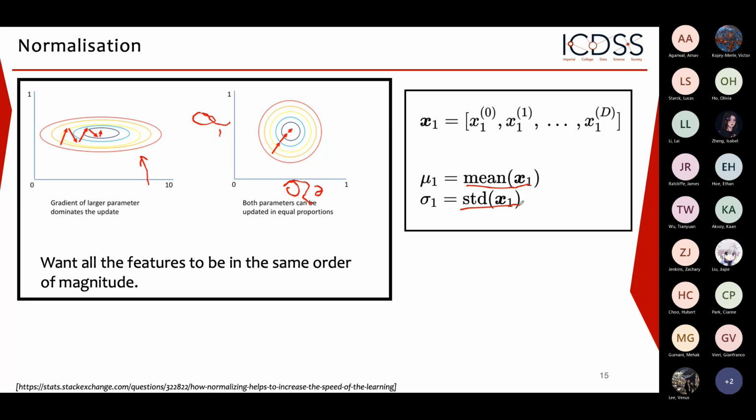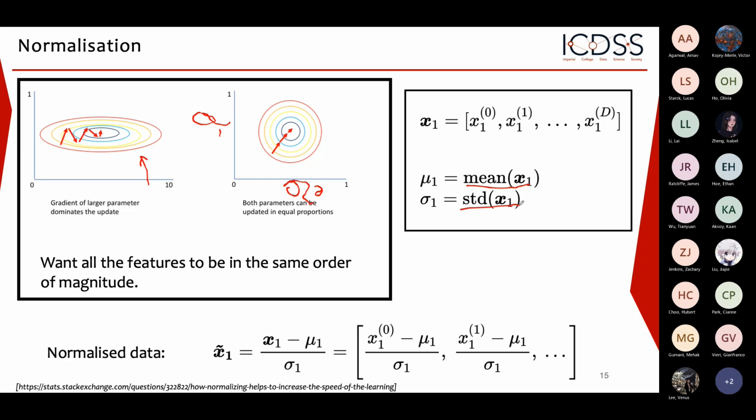It doesn't have a lot of meaning, but the trick that we're going to use is basically, given a feature, for instance, the number of rooms, we're going to calculate the mean of the feature, and we're going to find the standard deviation of our feature. And then we create, so if x1 is the actual number of rooms, we're going to create this alternative x1 that is defined by subtracting from every piece of data the mean, and dividing everything by the standard deviation.